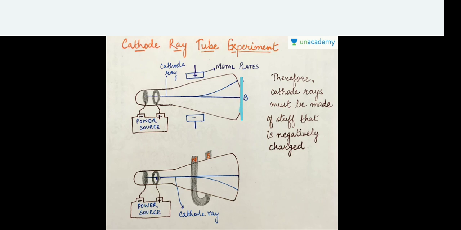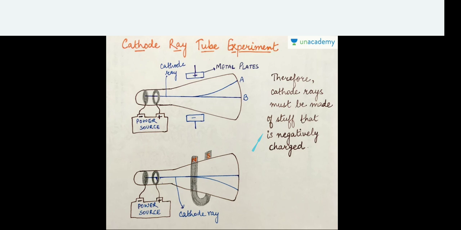Now, as he proceeded further, he did not know what these rays were actually made up of and what the nature of the ray being produced from the metal was. Therefore, in order to check the nature of the ray produced, he brought charged metal plates near the tube.